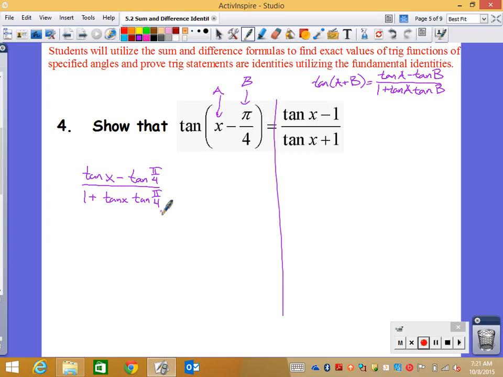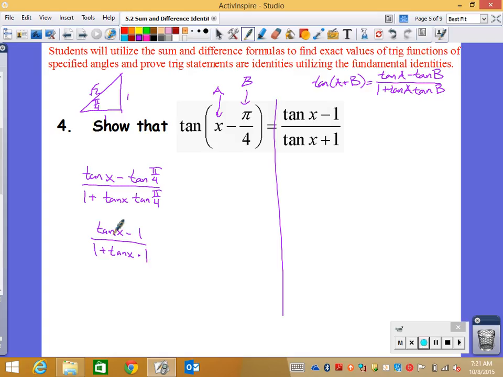Now if we think to my special triangles here, with a pi over 4 angle, my side lengths are 1, 1, square root 2. So what is tangent of pi over 4? Well, that's just opposite over adjacent, or 1. So we can think of this as tangent x minus 1 divided by 1 plus tangent x times tangent pi over 4, which again is just 1.